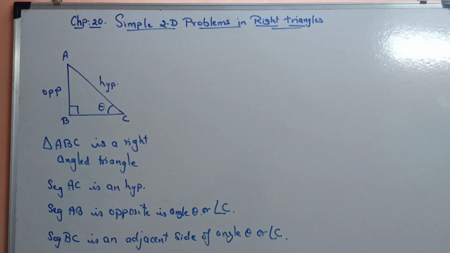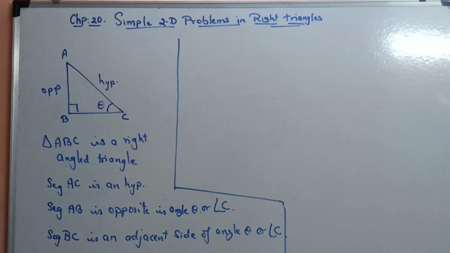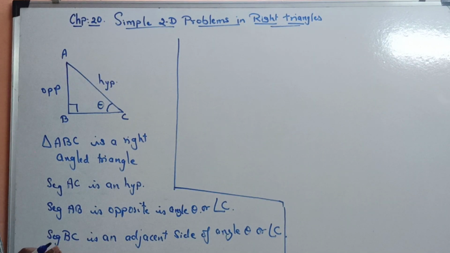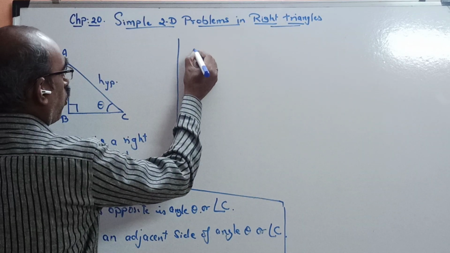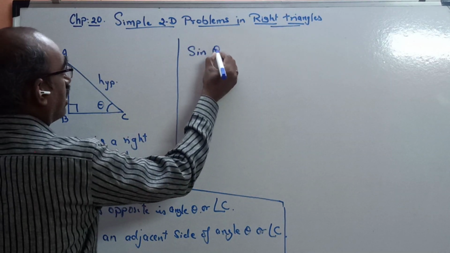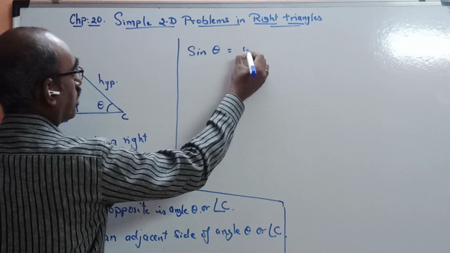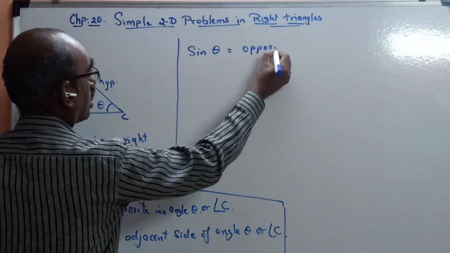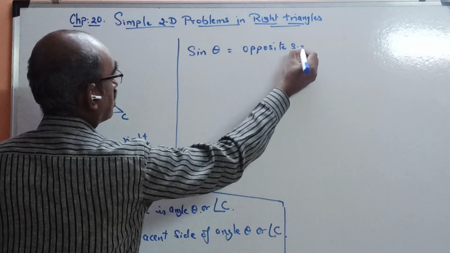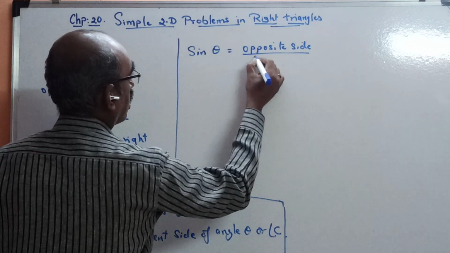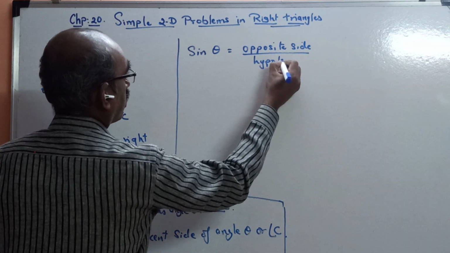These are the basic things you have to understand. Based on this, you have to understand three things. First, what is sine theta? Sine theta is nothing but opposite side upon hypotenuse.